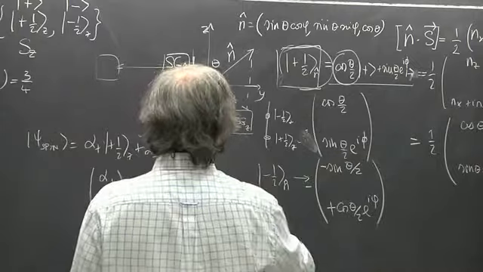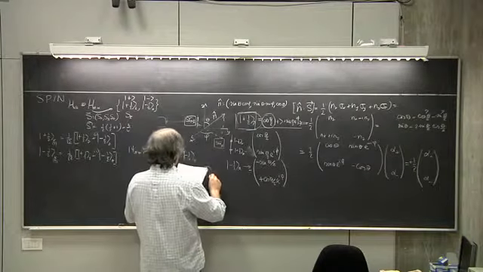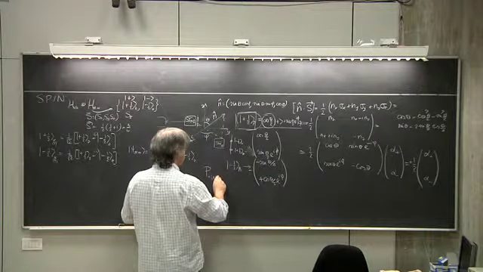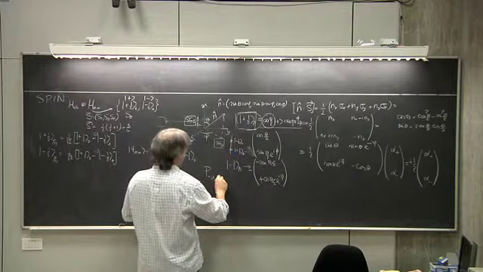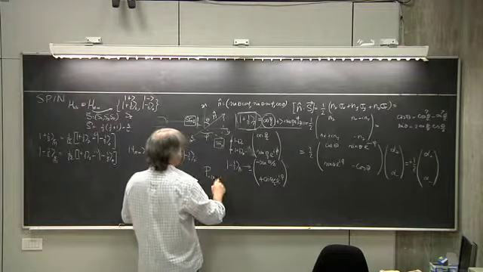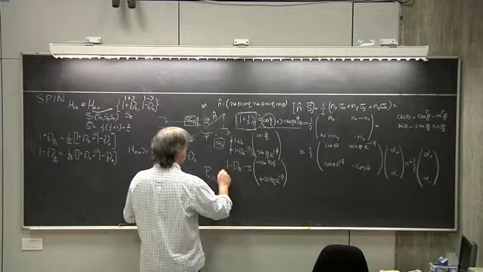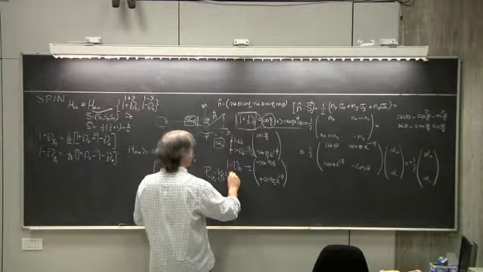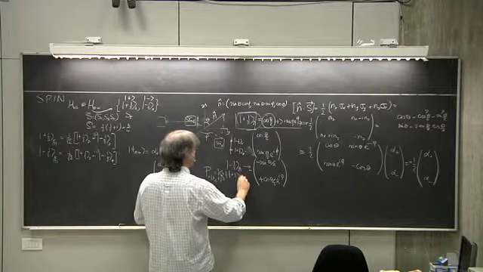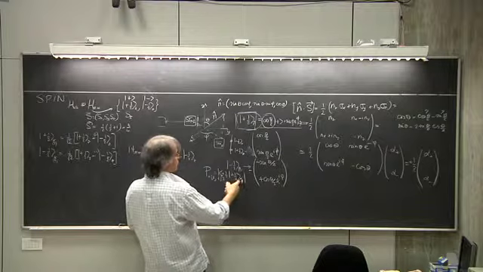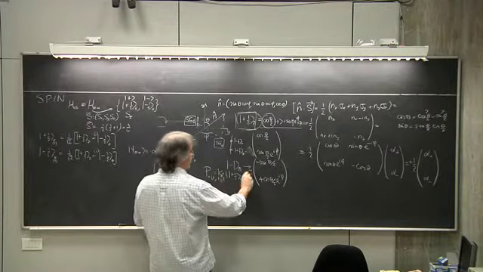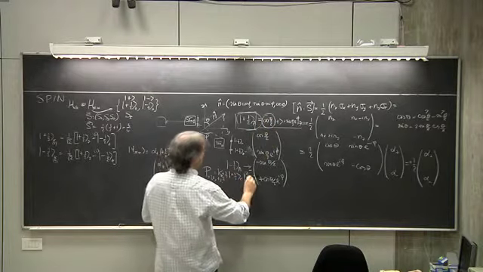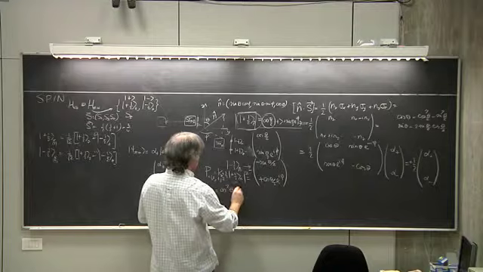The probability of finding plus 1/2 z in the state plus 1/2 n is equal to the modulus square of this. You make a projection of the state with the state along z, and you take the modulus square. The projection just gives you cos theta over 2, you square, and this is equal to cos square theta over 2.